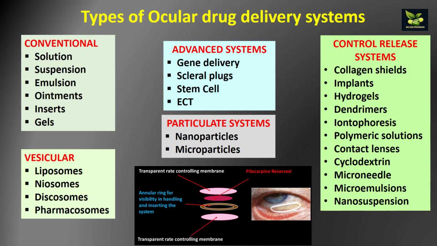Then advanced systems include gel deliveries, punctal plugs, stem cell, and ECT. Then particulate systems are also developed like nanoparticles, microparticles. Then in control release systems, there are collagen shields, implants, hydrogels, dendrimers, iontophoresis, polymeric solutions, contact lenses, cyclodextrin, microneedle, microemulsion, and nano suspension. And here this diagram is of Ocusert.